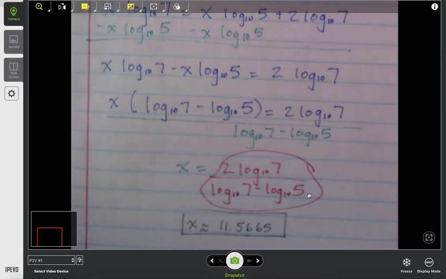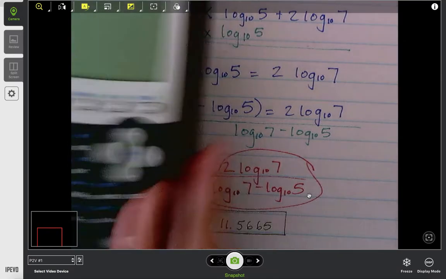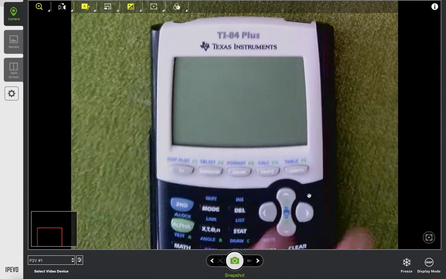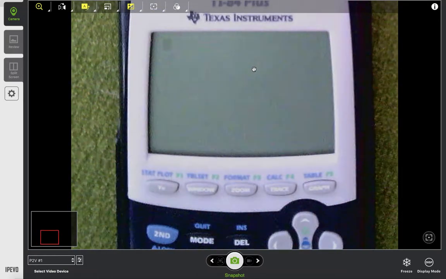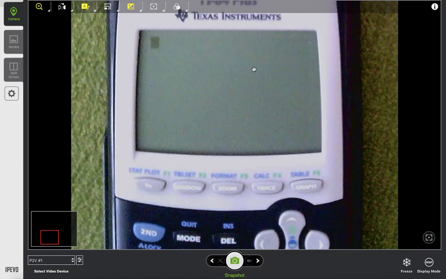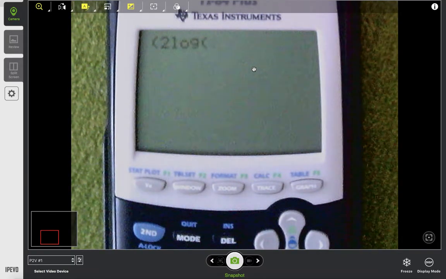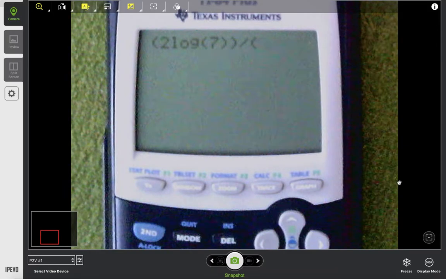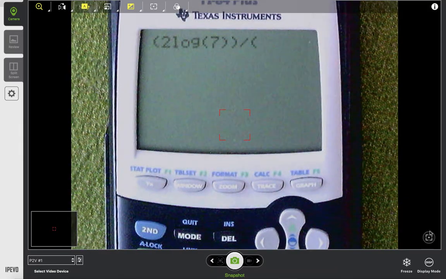And I'd actually like to use the calculator to show you that that outcome is valid, and then I'll use Desmos to seal the deal. But here we are. Let's do in parentheses 2 and the logarithm of 7, and we want to divide that by, and this gets fuzzy if I don't zoom in on it frequently.